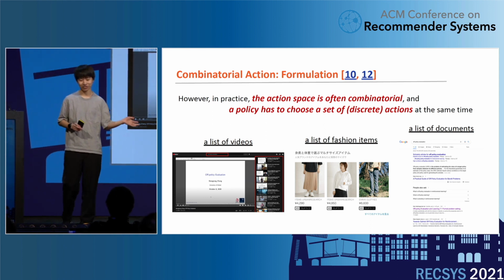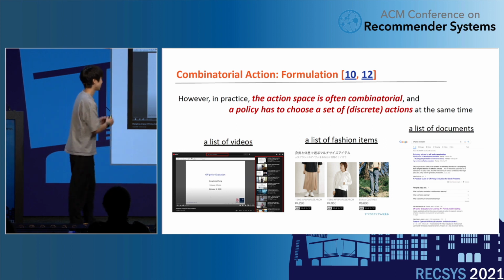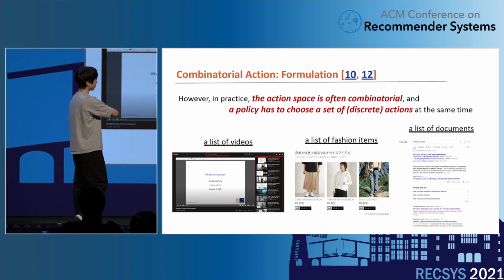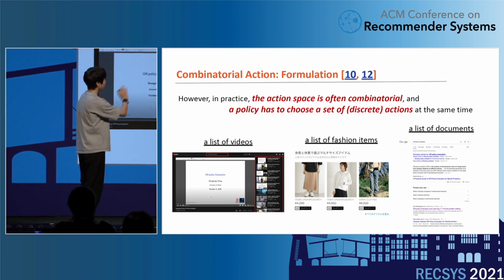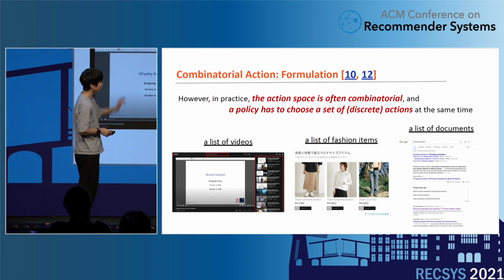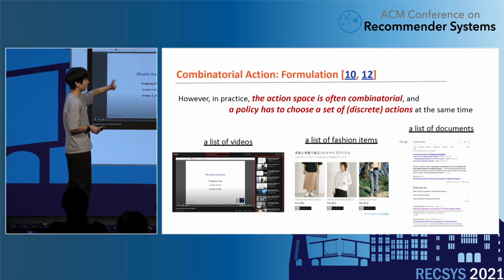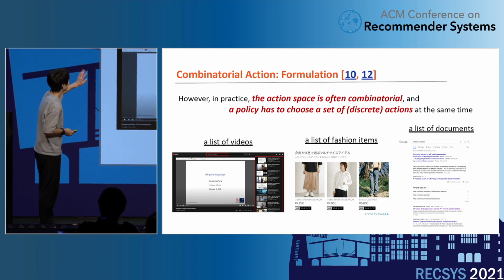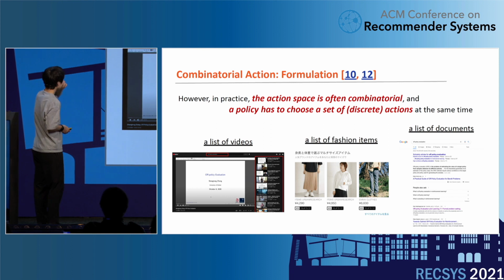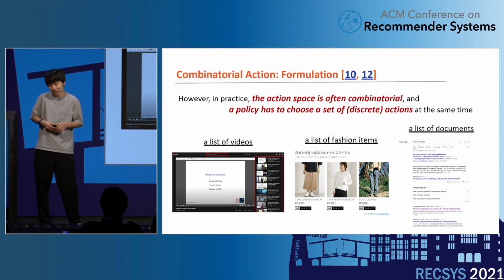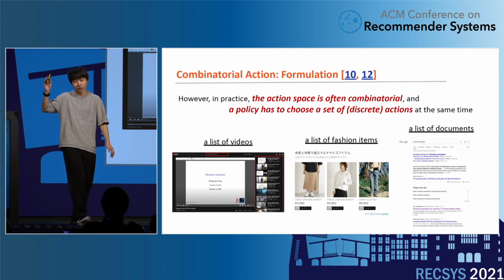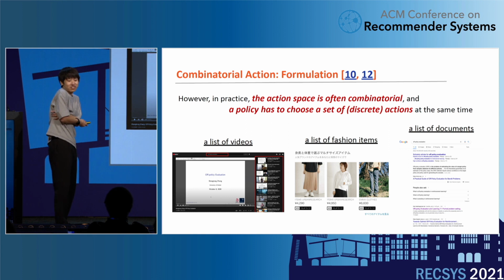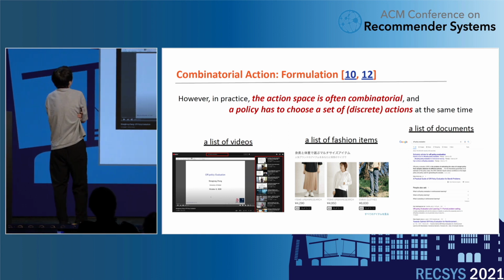So this is combinatorial. For fashion items, we see 3 different simultaneously presented actions in the same recommendation interface. That's combinatorial. And in Google search, we have several documents presented for a single given query. This is also combinatorial, right? So the topic of this section is what the challenges and issues will be when we try applying off-policy evaluation, offline evaluation in general, to this very prevalent combinatorial action case in practice.